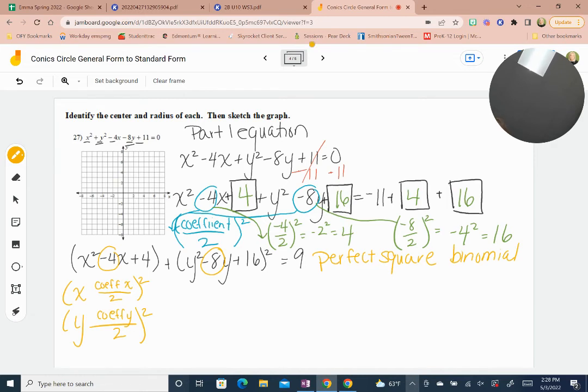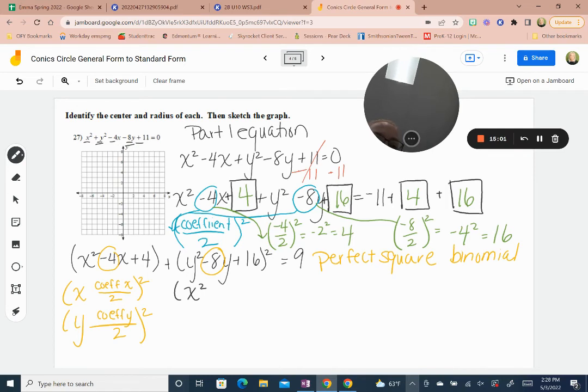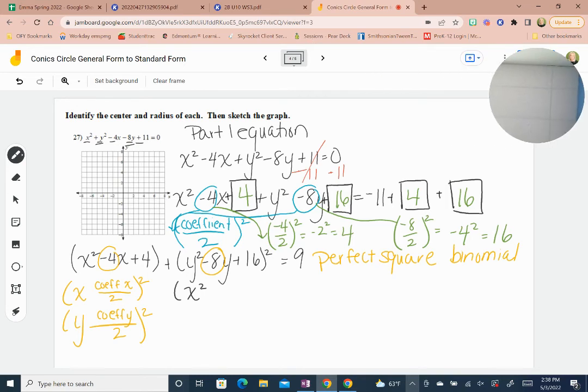So for right here, it's going to be x squared. Okay, so it will be x, the coefficient of x right here is -4, so -4 divided by 2, squared on the outside, plus y, our coefficient is -8, -8 divided by 2, squared on the outside, and then we keep our 9.